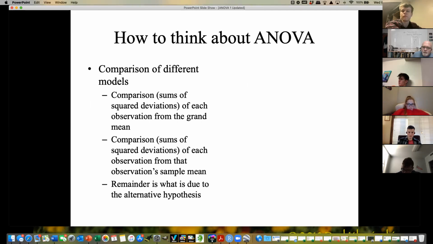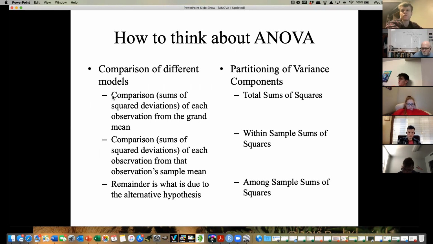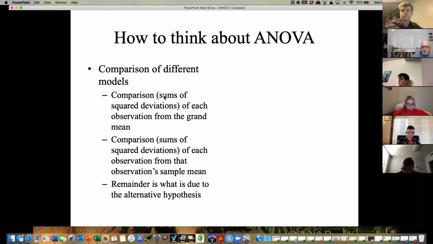So one way to think about analysis of variance is a comparison of different models. And in this case, we can think about different kinds of comparisons. These comparisons are done in the sums of the squared deviations of each observation from the grand mean, each observation from that observation's sample mean, and then the remainder is whatever is due to the alternative hypothesis.